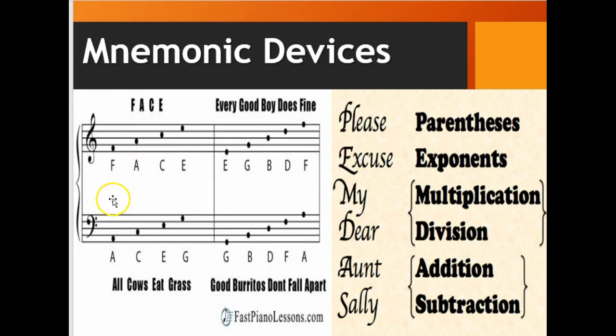For the bass, you learn ACE, all cows eat grass. And for the treble lines, you learn EGBDF: good boys do fine always, or good burritos don't fall apart, and I didn't learn this one. So in other words, these mnemonics actually help you learn the notes on the grand staff.